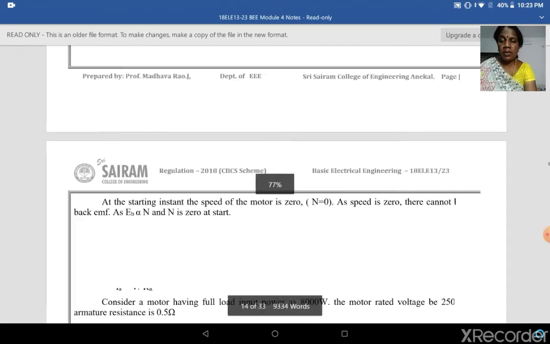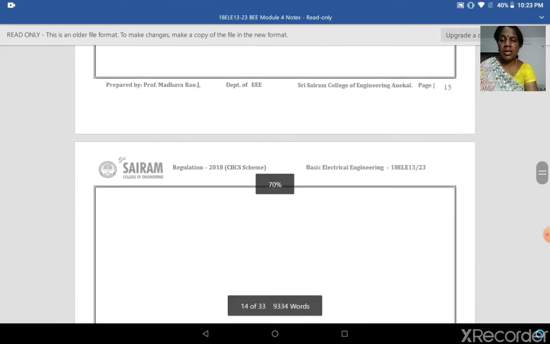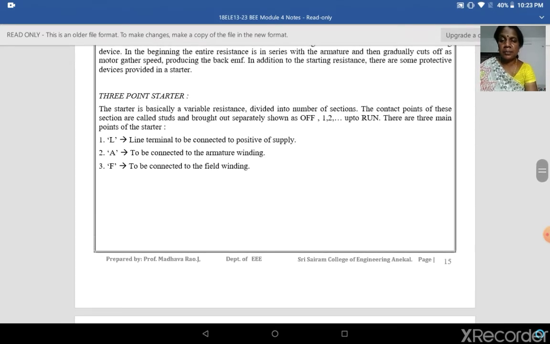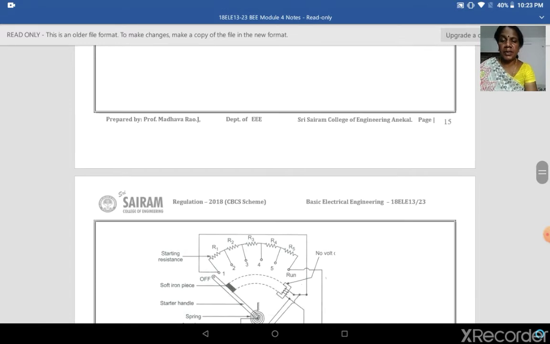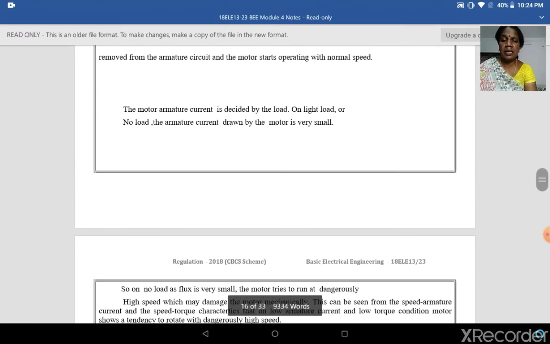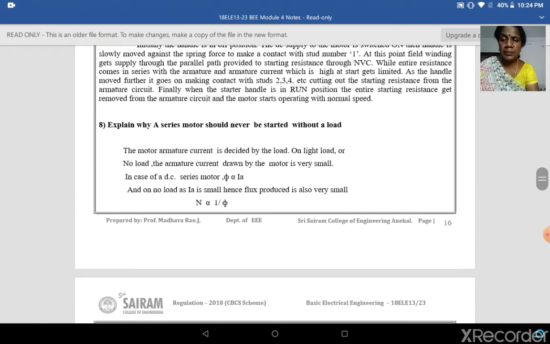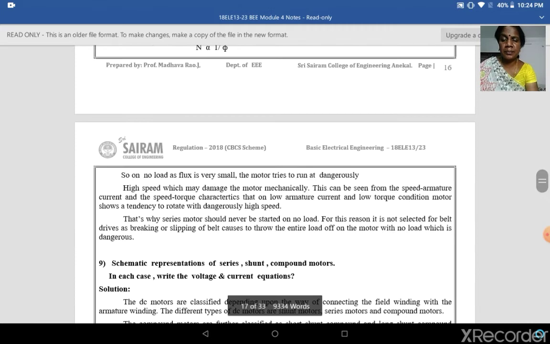So that's all about the expression for the torque of a DC motor. The necessity of the starter or star delta starter, all those things you will see in module 5, that is induction motor.